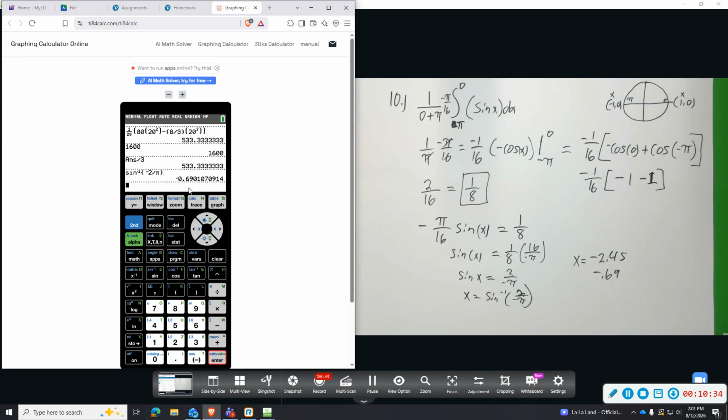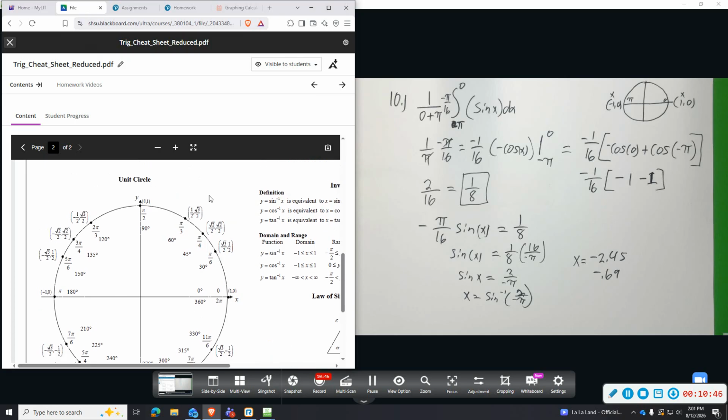Okay. It gives me one of those values, so that negative 0.69, we get that one, but it doesn't give us the other one. It's giving you the first angle on the unit circle, so like that first section, it doesn't pick up that other one.